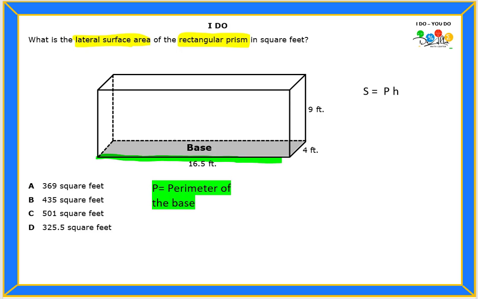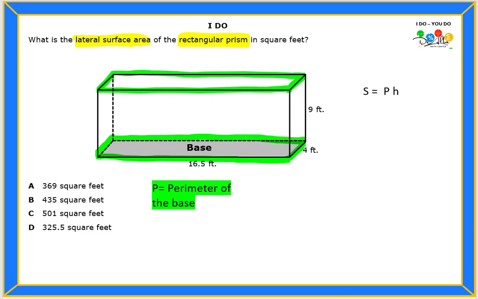So this is the length, that's the width, this is the other length, and this is the other width, right? So I can do the same thing on the opposite face, because remember that in a rectangular prism or in a prism, I always have two faces that are exactly the same. They're congruent, right? So those are my two bases, okay?